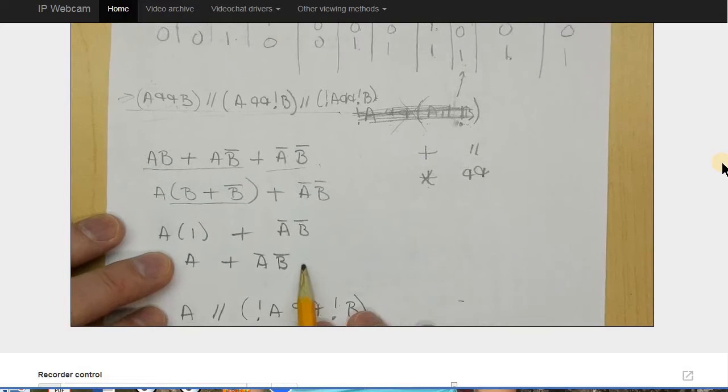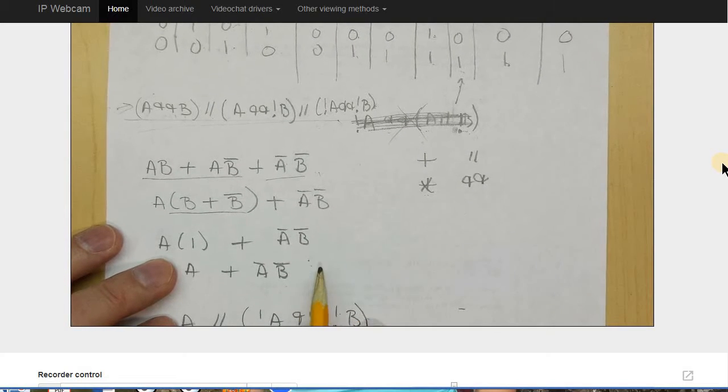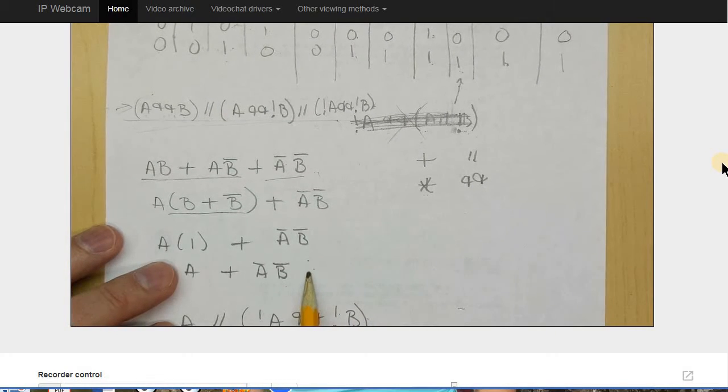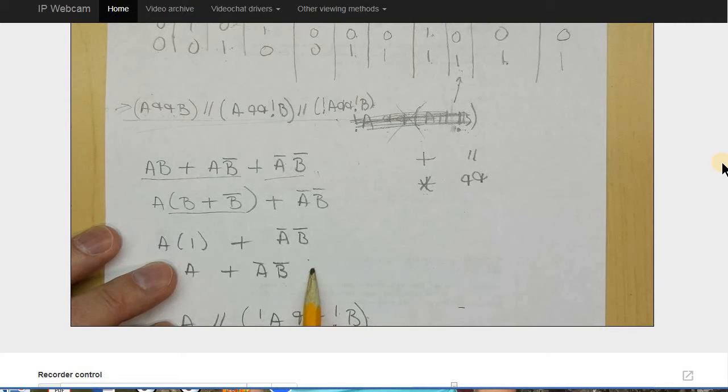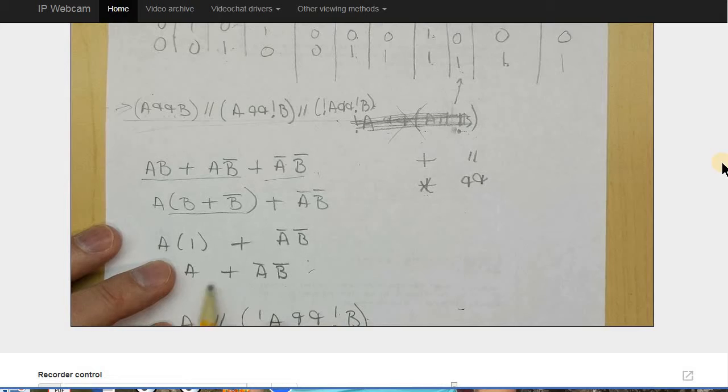Now, I will say that even in electronics, I would not accept this either, because this is not the most simplified answer. So I don't like how they did this, because there's a much simpler way to express this thing right here.